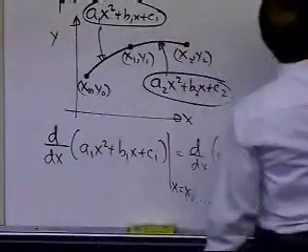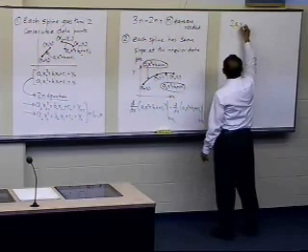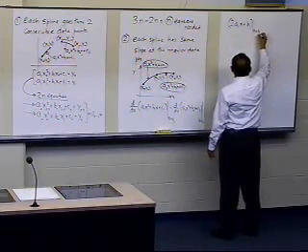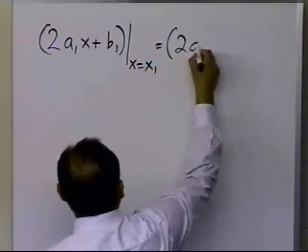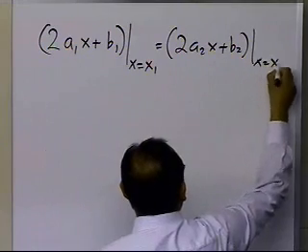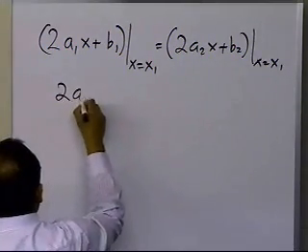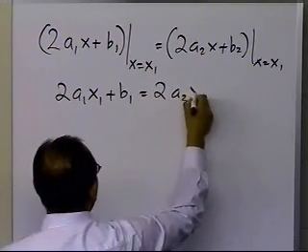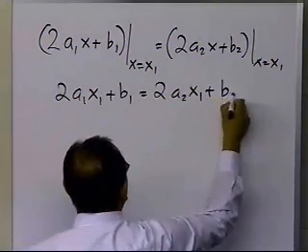That tells me that if I take the derivative, I get 2a1x plus b1 calculated at x equal to x1, which is the same as 2a2x plus b2 calculated at x equal to x1, and that gives me 2a1x1 plus b1 is equal to 2a2x1 plus b2.